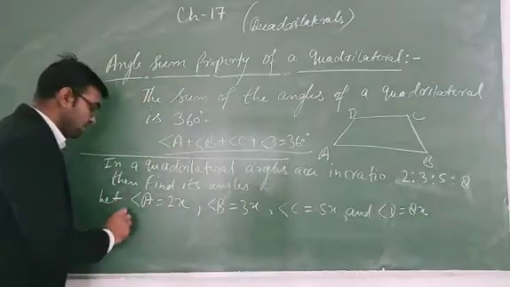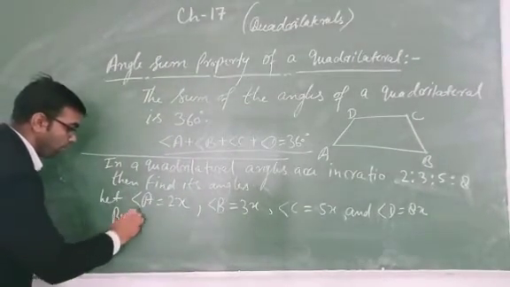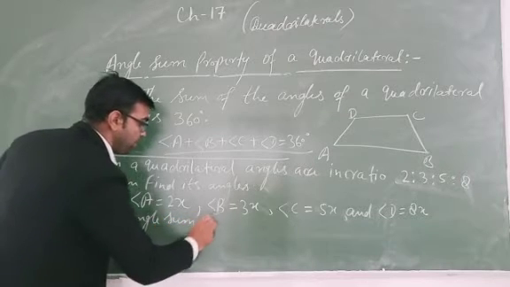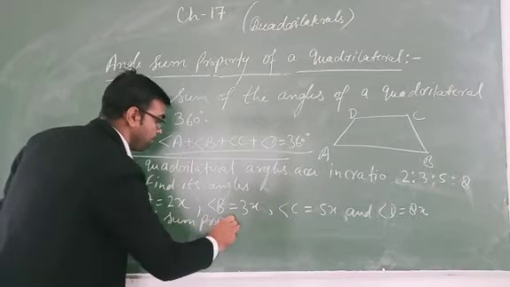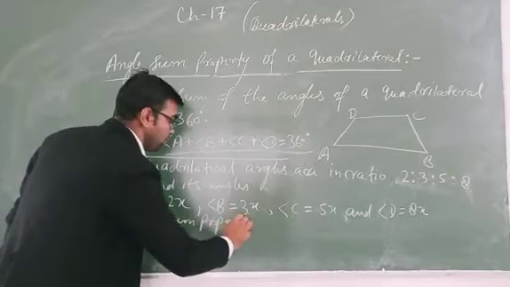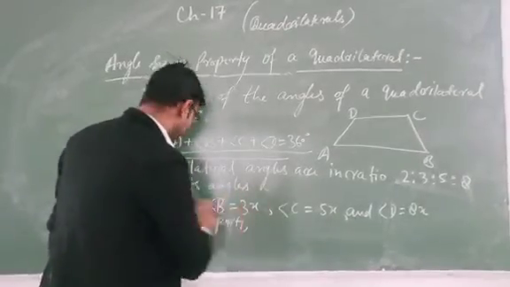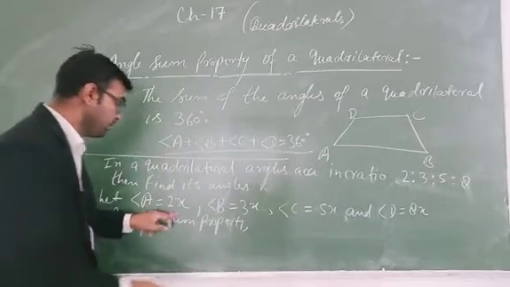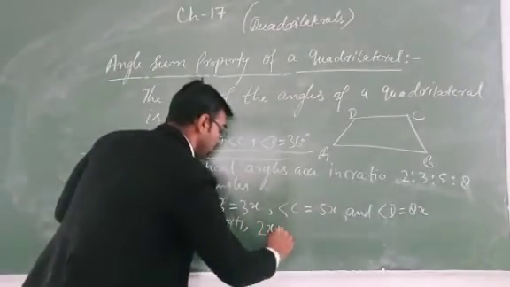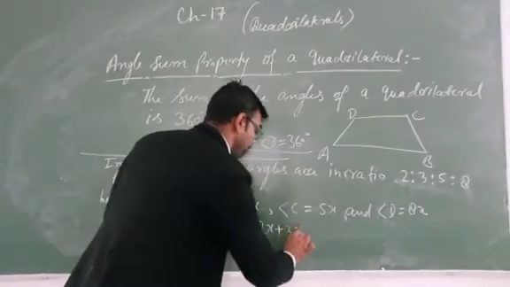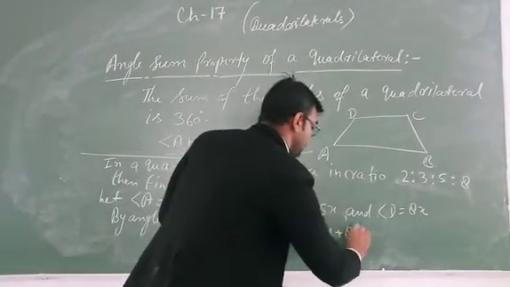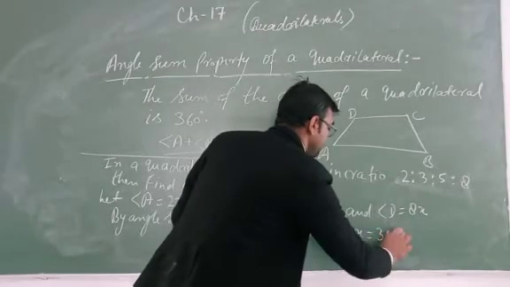So by the angle sum property of a quadrilateral, angle A plus B plus C plus D is 360. So you can write 2x plus 3x plus 5x plus 8x is 360.